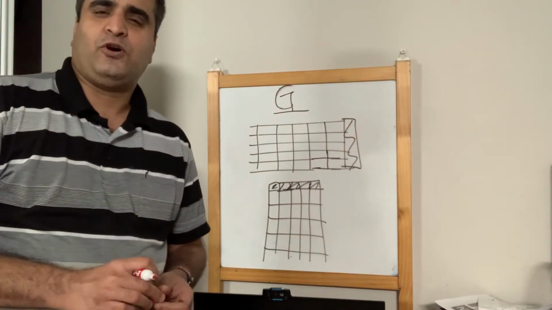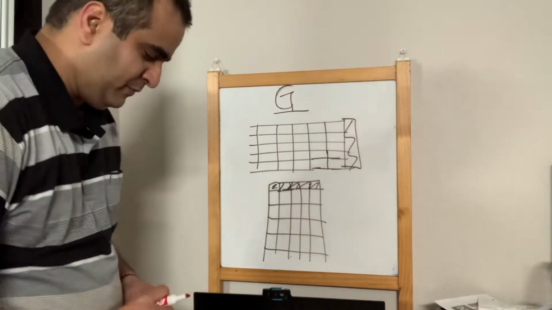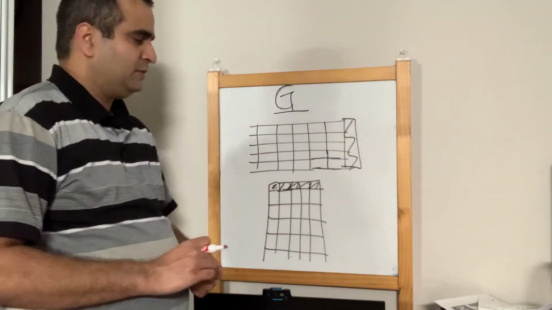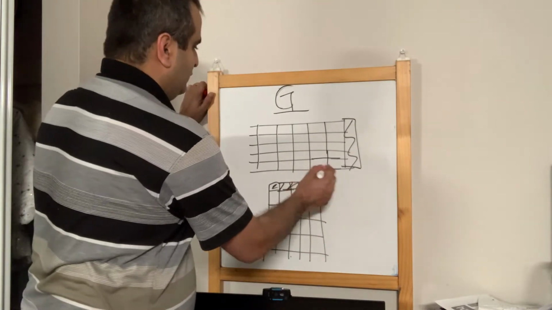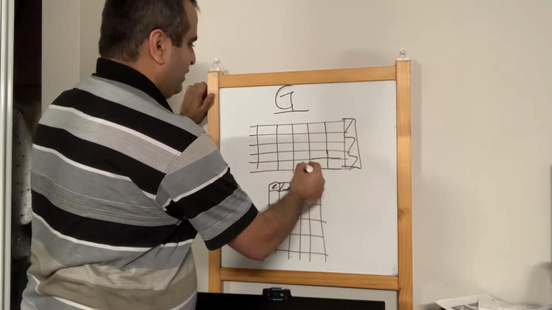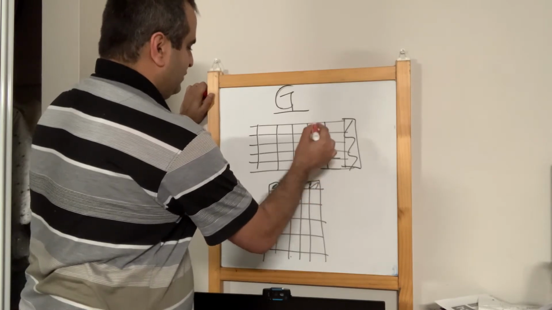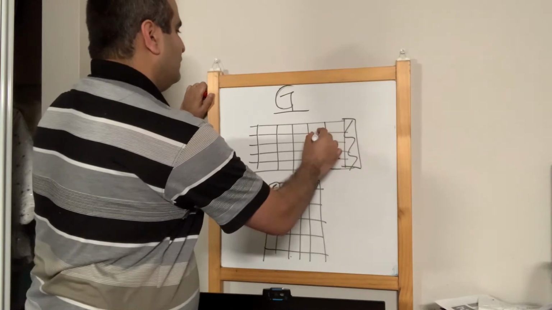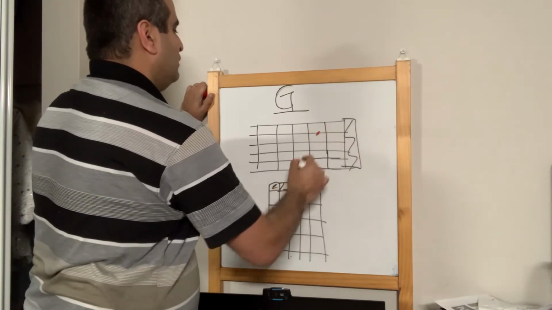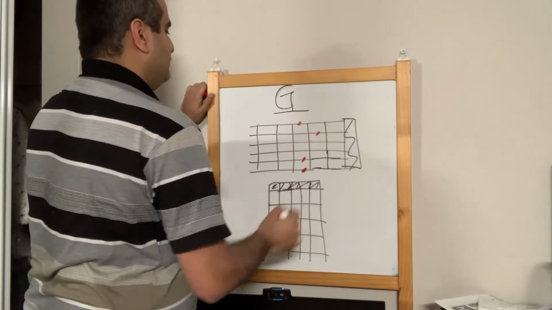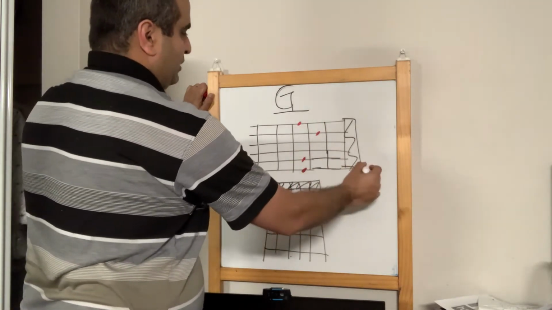Okay, so next chord we are going to talk about is a very nice chord. It's G major. Okay, so what are the notes? We play 1st string 3rd fret, 2nd string 3rd fret, and then we play 5th string 2nd fret and 6th string 3rd fret. So what are the notes?